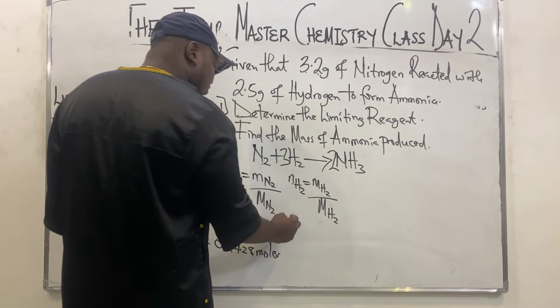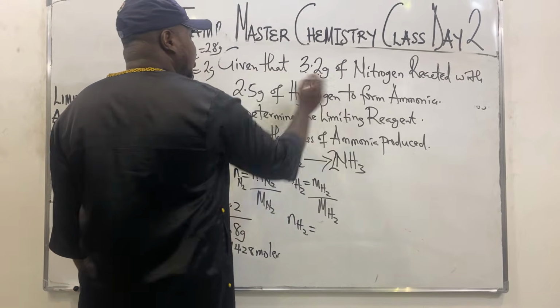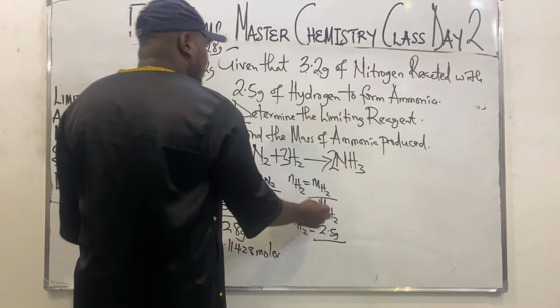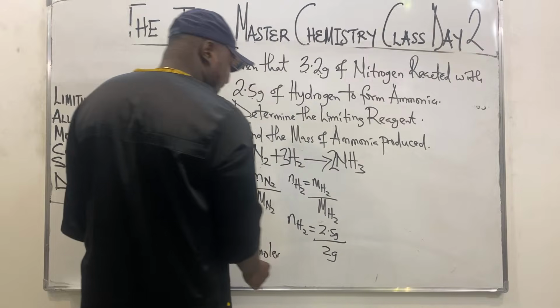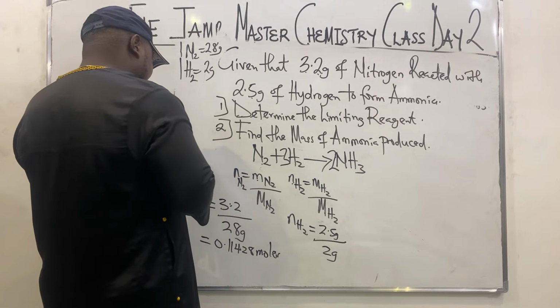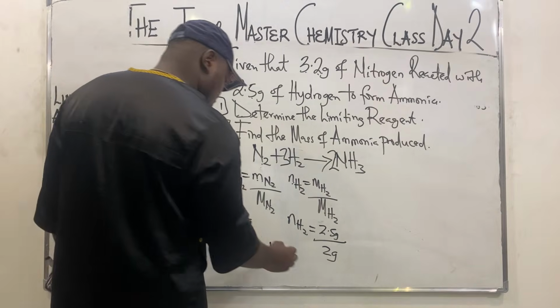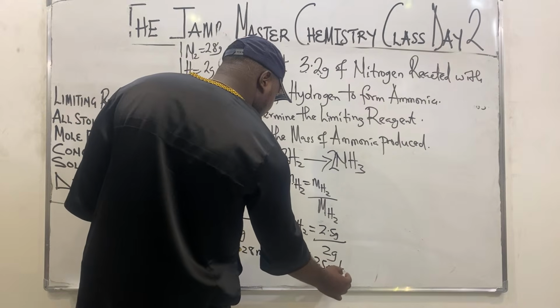Coming to this side, number of moles of hydrogen. Mass of hydrogen they gave us is 2.5. Molar mass of hydrogen is 2 grams. We're going to say 2.5 divided by 2. This gives us 1.25 moles.